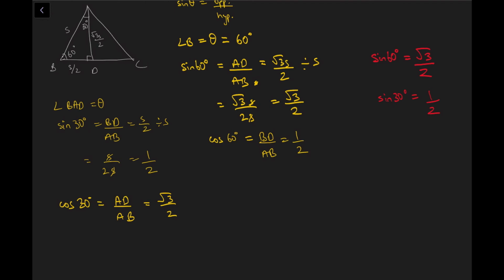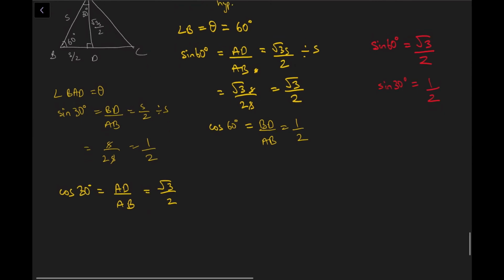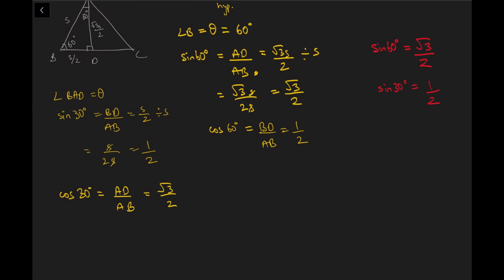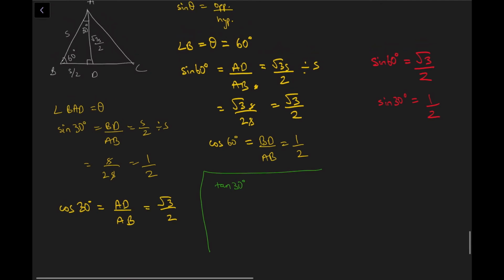Now we can easily get tan as well. So let me take tan as well. I'll do tan in green. So let's say tan 30. So the 30 degree angle is angle BAD. So tan 30, we know that tan theta is opposite by adjacent.